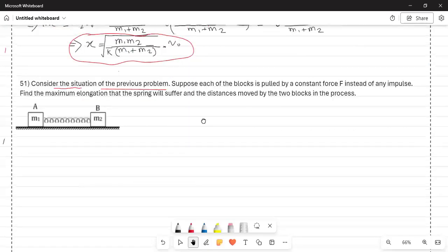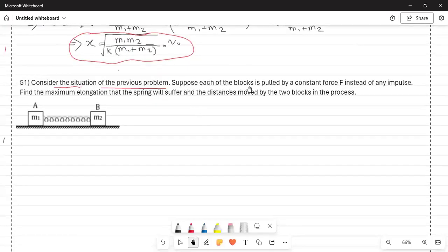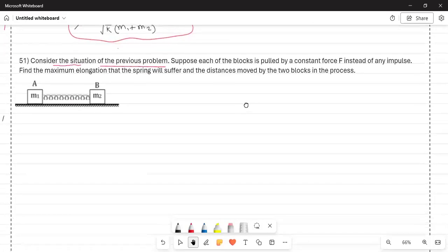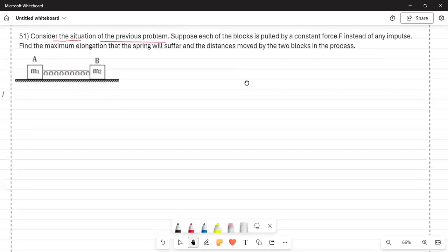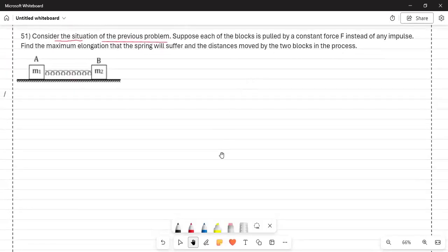Here it says, suppose each of the blocks is pulled by a constant force F instead of an impulse. That is, they are pulled by a constant force. Then find the maximum elongation that the spring will suffer and the distances moved by the two blocks. So that is why the author of this book has given these two problems one after the other.